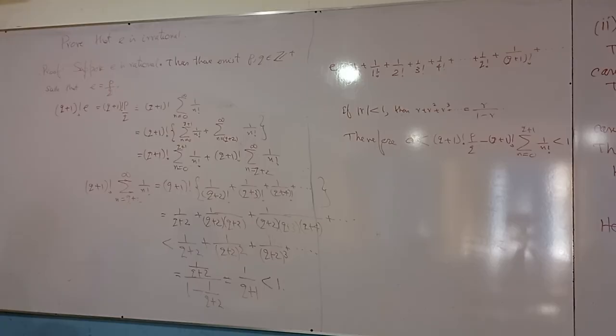Sir, is there a way to write this as something like we write 0.3333... and we write that as 0.3 bar? Sorry, not bar, there's a dot on the 3.